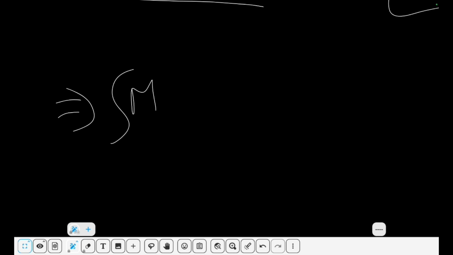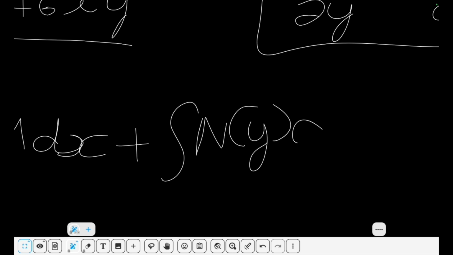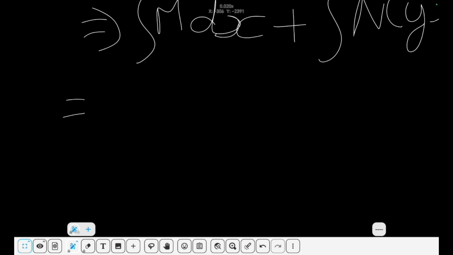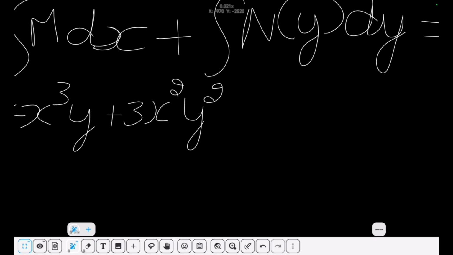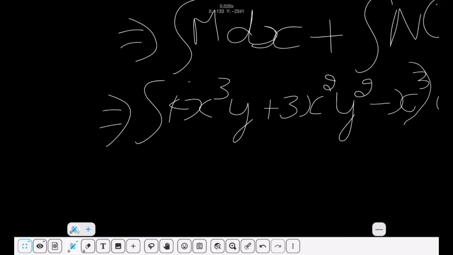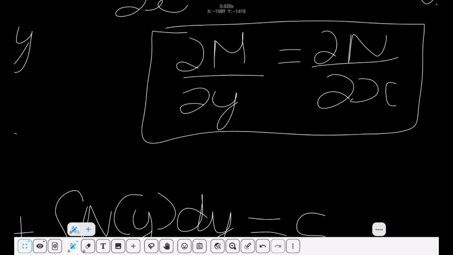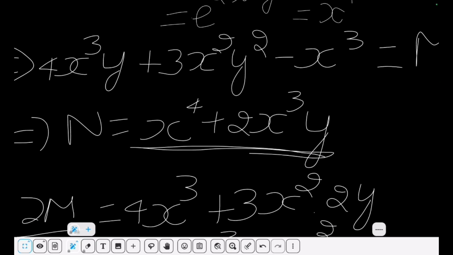Solution would be integration of M dx plus integration of N, only the y components from the equation, dy, that equals c. So integration of M is (4x³y + 3x²y² − x³) dx plus integration of N of y components. Now if we see here, we don't have any terms of N with only y independently.